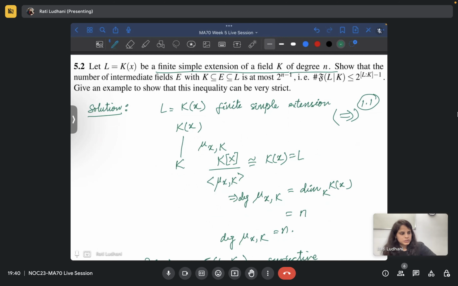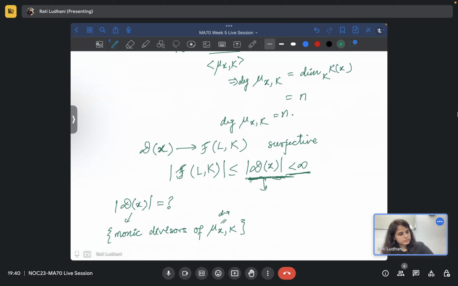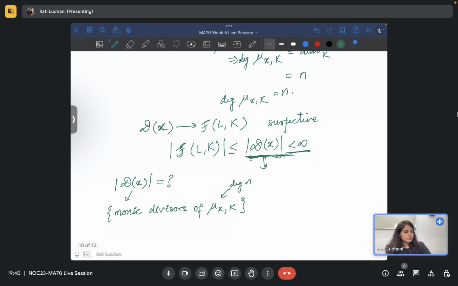Okay, great. So let's calculate the cardinality of D_x. What is D_x? The set of monic divisors of mu of x over K, which has degree n. So we need monic divisors.